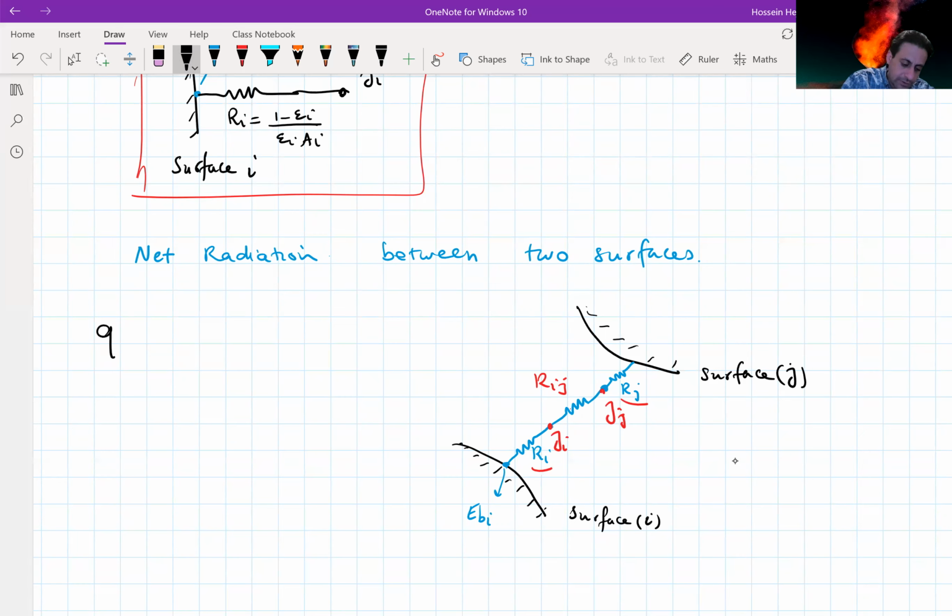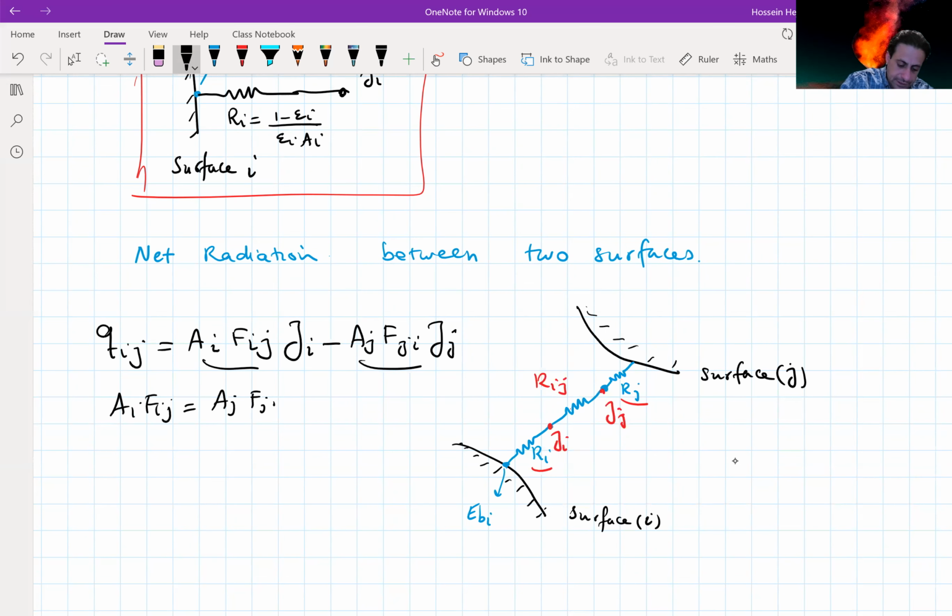Now I'm going to write down what this Rij is. We know that Qij, we have seen it, is going to be Ai Fij Ji minus Aj Fji Jj, for surface I and surface J. Now recall that there is a relationship between these two: Ai Fij equals Aj Fji.